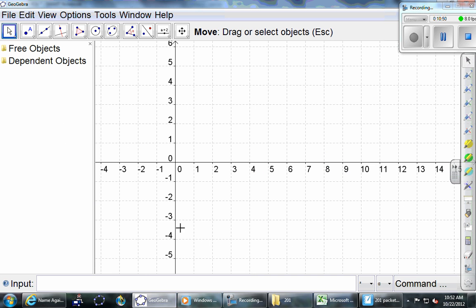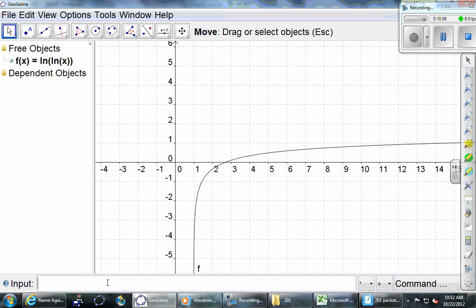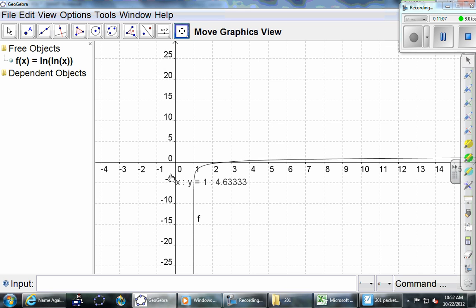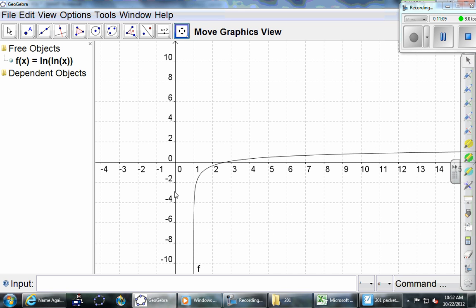So real quick, I'll put it up on GeoGebra here. F of x equals ln of x. All right, so there it is. So first of all, what do we see here? Does it get close to the x-axis? No. I mean, it starts at x equals 1. It's that thing that I described, just because ln doesn't exist for those negatives.